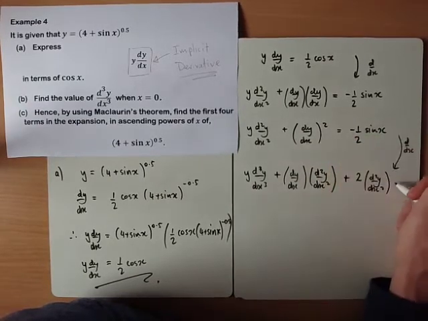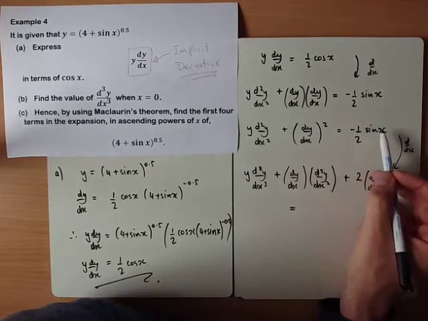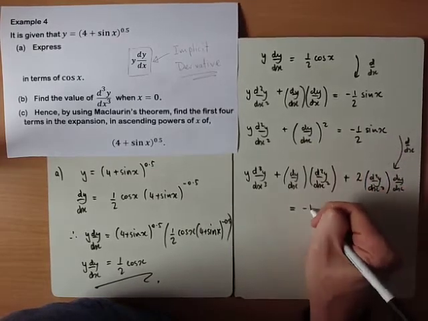Take one off the power, and that would equal the derivative of this. Minus sine goes to minus cos, so minus 1/2 cos x.